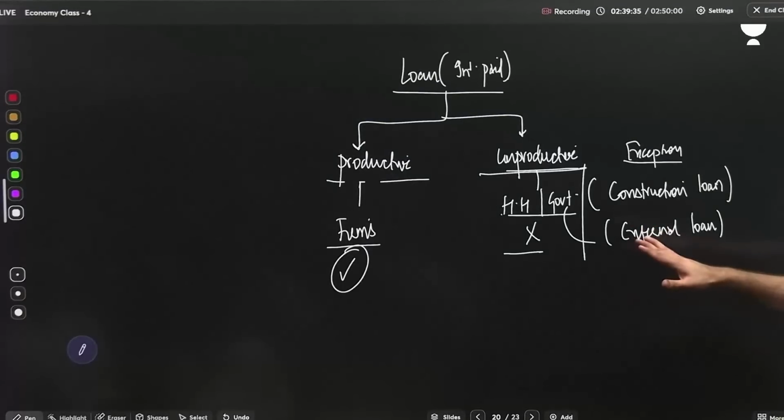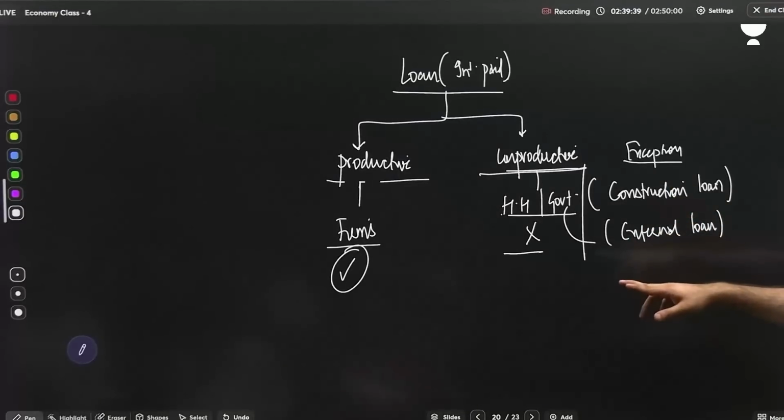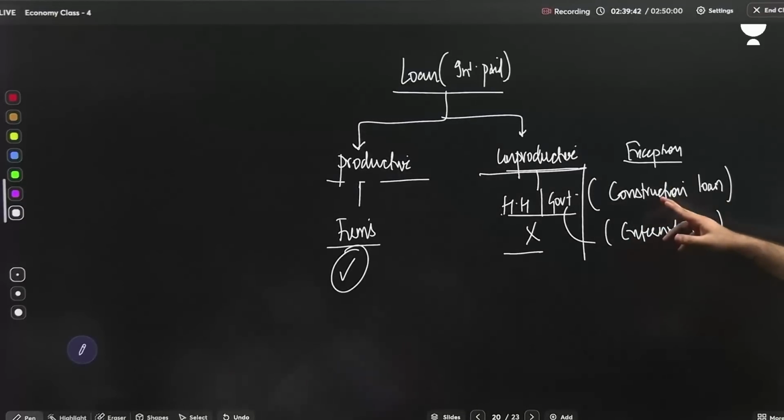This is what I'm saying: loan taken by a firm is productive. This is why their payments are counted in expenditure. But if the loan is taken by a household or government, they are not included because they are considered unproductive. Only two exceptions: construction loan or government external loan. Because loan payments are also expenditures, only those made by a firm or these two exceptions will be counted. Rest will not be counted.